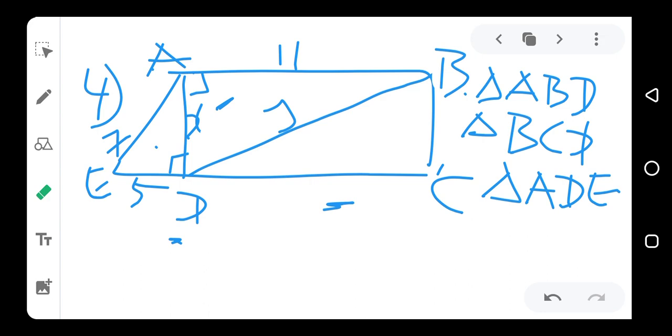Now which one is the hypotenuse? Y is the hypotenuse because it's facing the angle 90 degrees. So y squared is equal to 11 squared plus 2 root 6 squared.